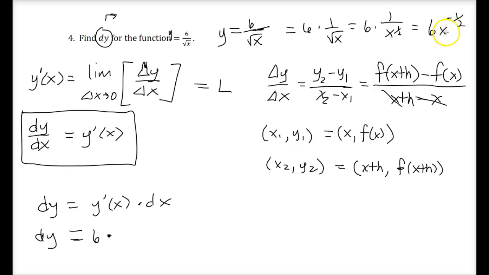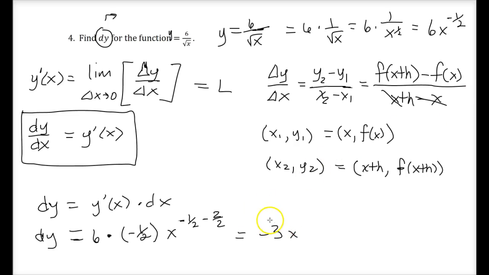Since this is written in terms of a power function, we could multiply 6 by negative 1/2, and then after that, we would have to subtract 1 from it. But since we have a fraction here, we're going to write 1 as 2 over 2. And so then from there, we know that 6 times negative 1/2 is just negative 3.